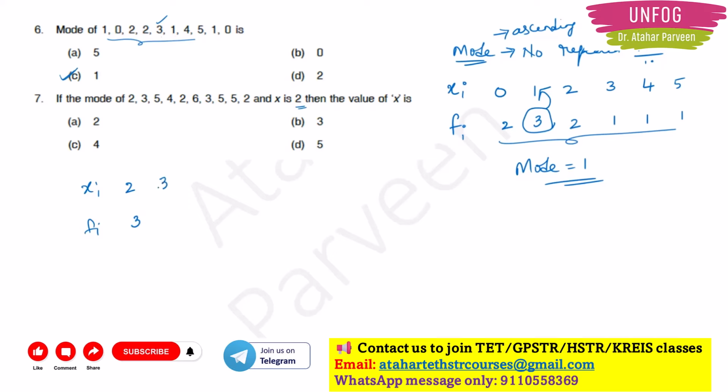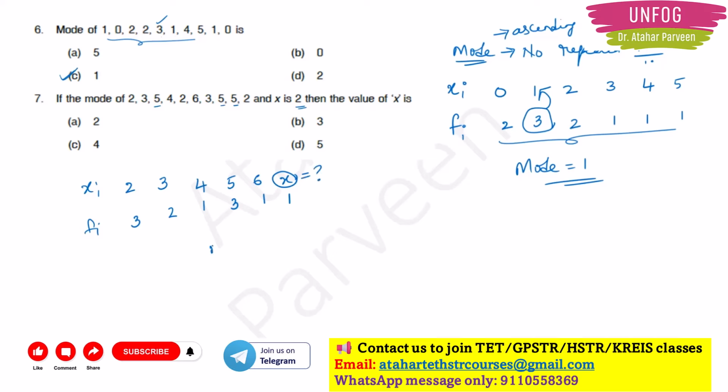Then 3, 2 times. 4, 1 time. 5, 3 times, right? 1, 2, 3. Then 6, only 1 time. Then x, this is also 1 time. So this is our frequency table, right? In this frequency table, we have to find the value of x.